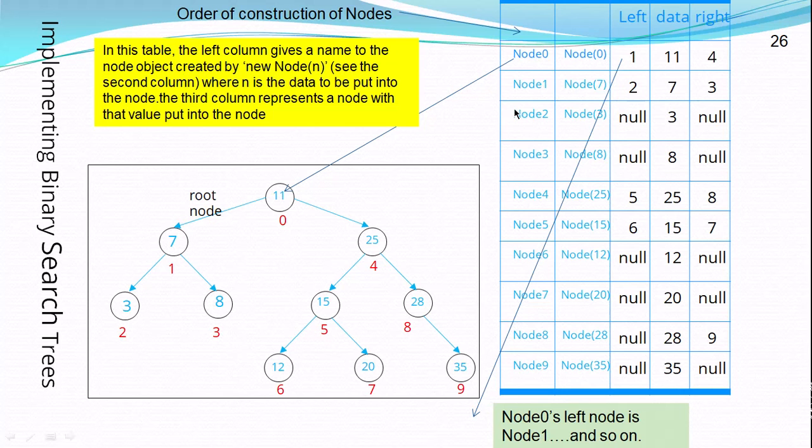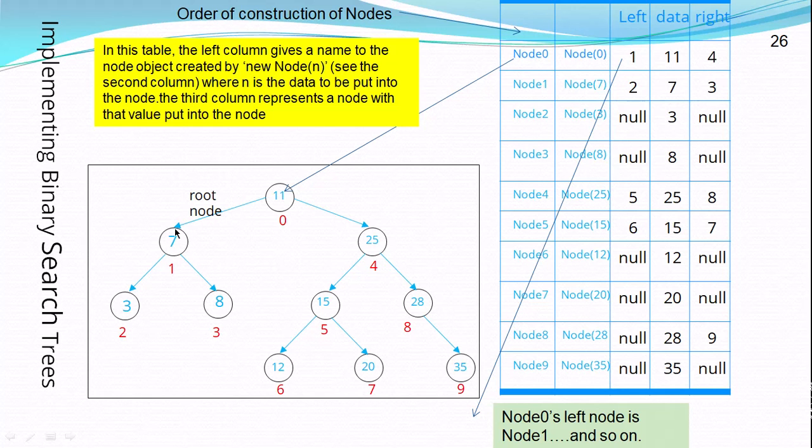Have a look at the second row. Well, I need to create a new node by writing new node 7. So I'm creating a new node with the value of 7, and the left. Okay, so going back to the first row, node 0, this is node 0, node 0's left pointer is going to point to node 1.